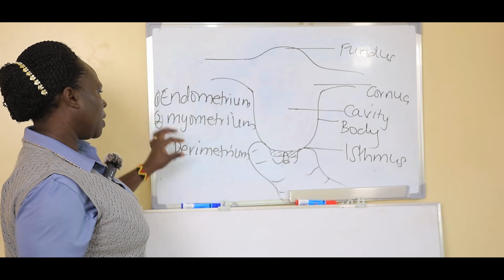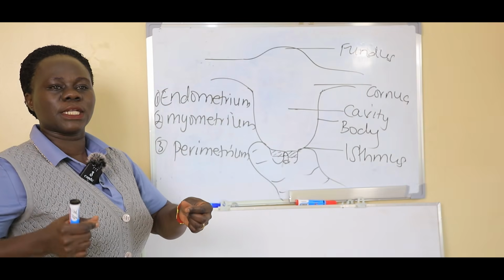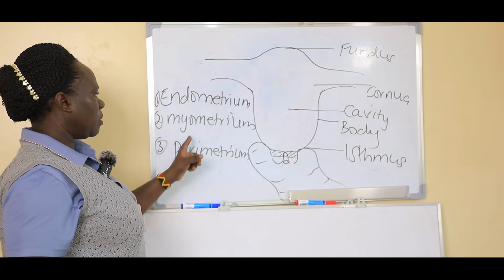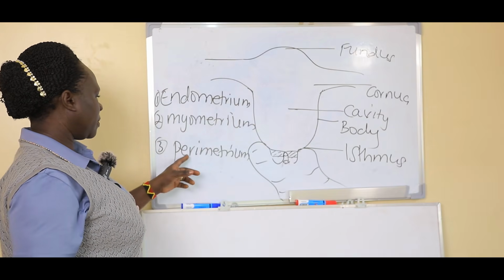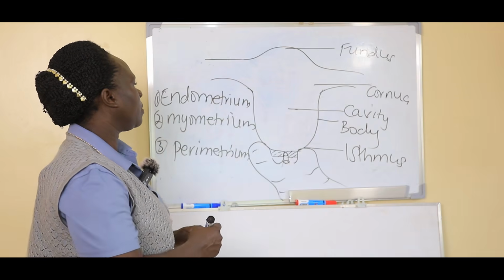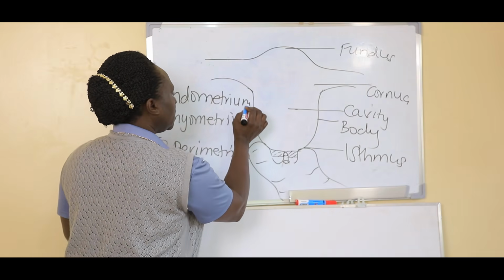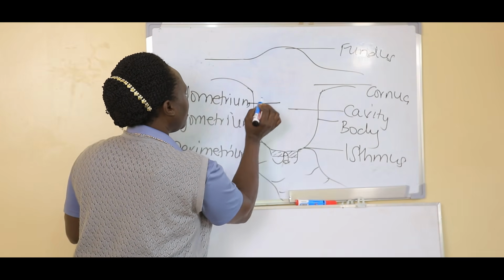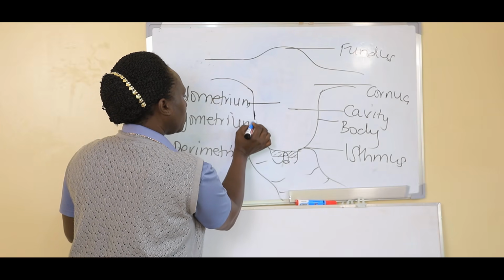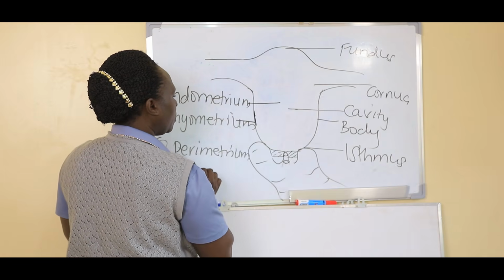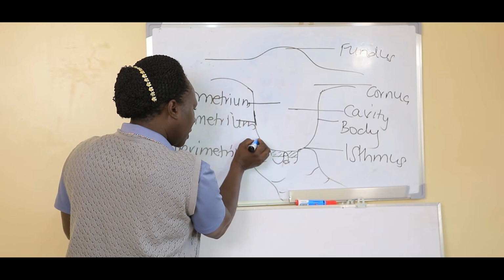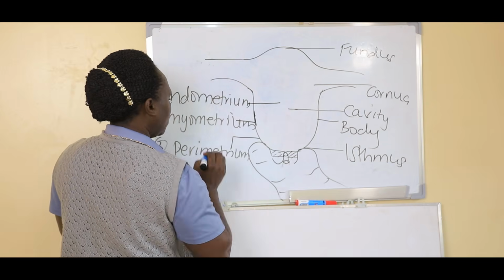Then the muscle layer is that muscle you saw me touch. Myo means muscle. Metrium is the uterus. And peri means outer. So the perimetrium is the outermost layer.